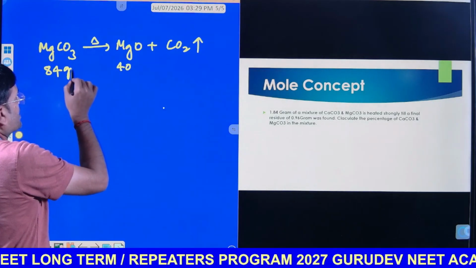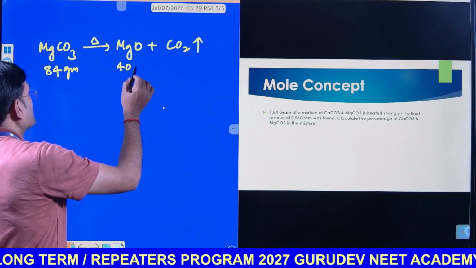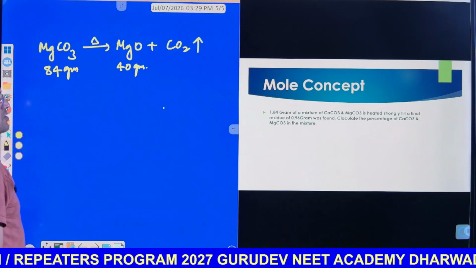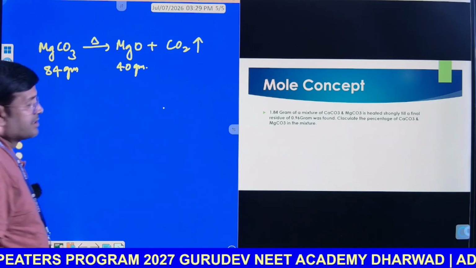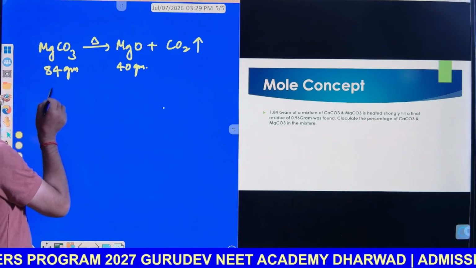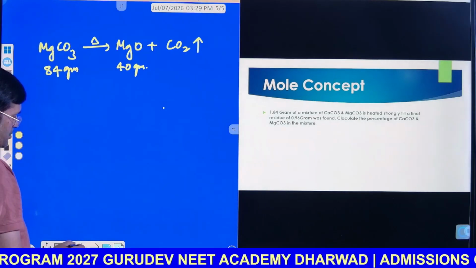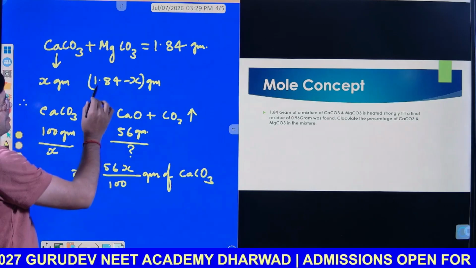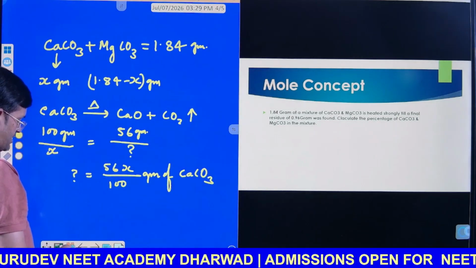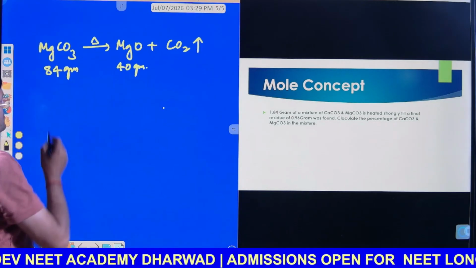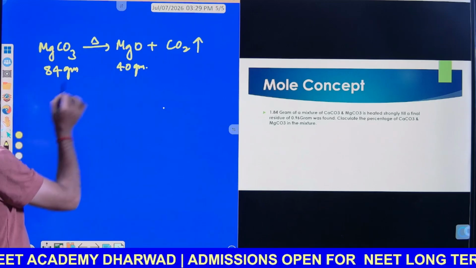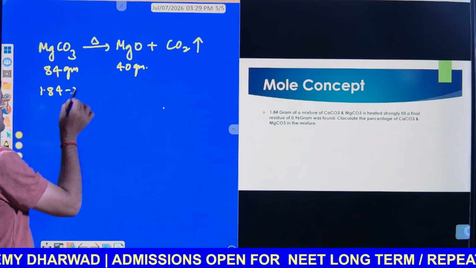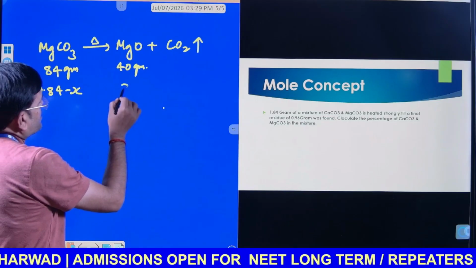It means 84 gram of magnesium carbonate on strong heating gives 40 gram of magnesium oxide. As per the question, the amount of magnesium carbonate is 1.84 minus x.